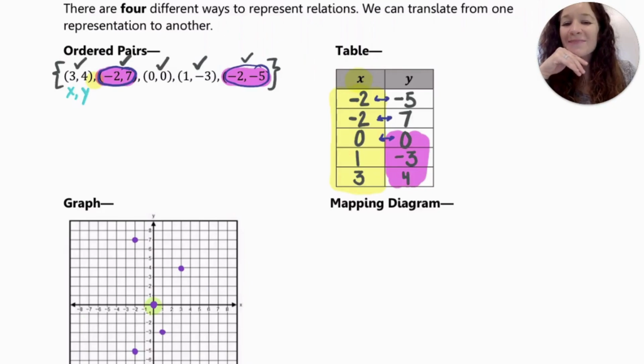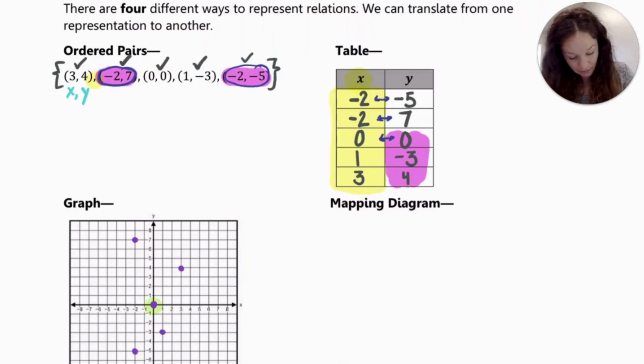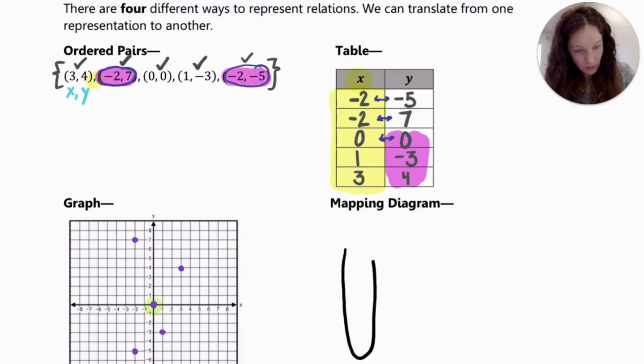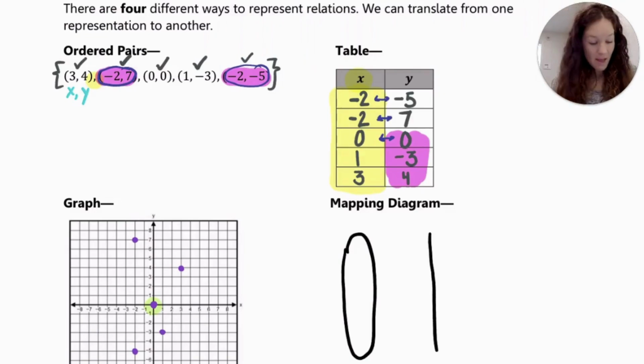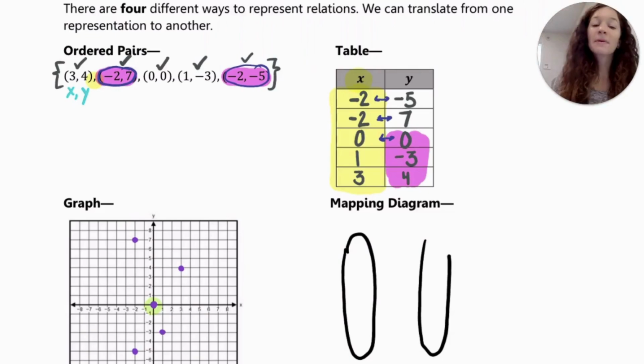And then last but not least, we have our mapping diagram. Our mapping diagram does exactly what it says it's going to do. It maps an X to a Y. And so I'm going to label this X and Y. But here's the thing about mapping diagrams.